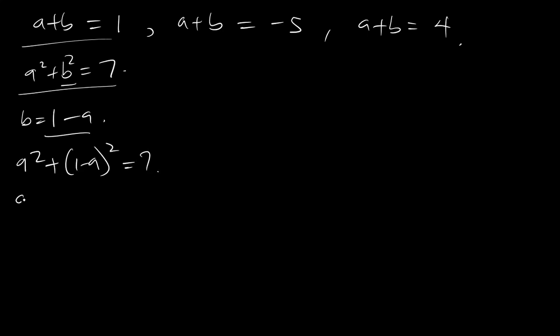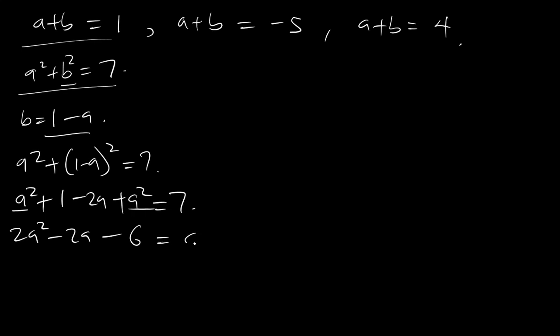So you have a square plus 1 minus 2a plus a square is equal to 7. So this plus this, you have 2a square minus 2a. Then 7 comes to this side, you have minus 6, which is equal to 0. So if you divide all through by 2, you have a square minus a minus 3 equal to 0.